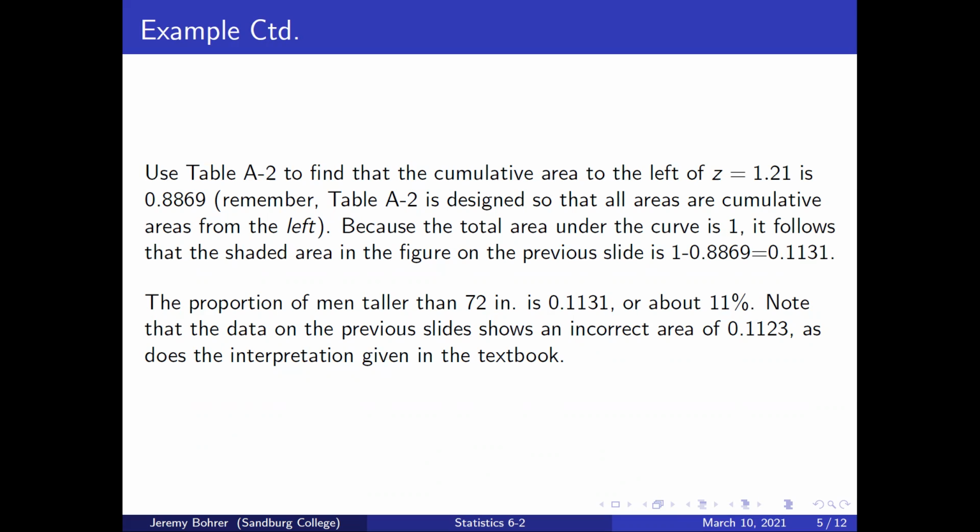The proportion of men taller than 72 inches is 0.1131, or about 11%. Note that the data on the previous slides shows an incorrect area of 0.1123, as does the interpretation given in the textbook.